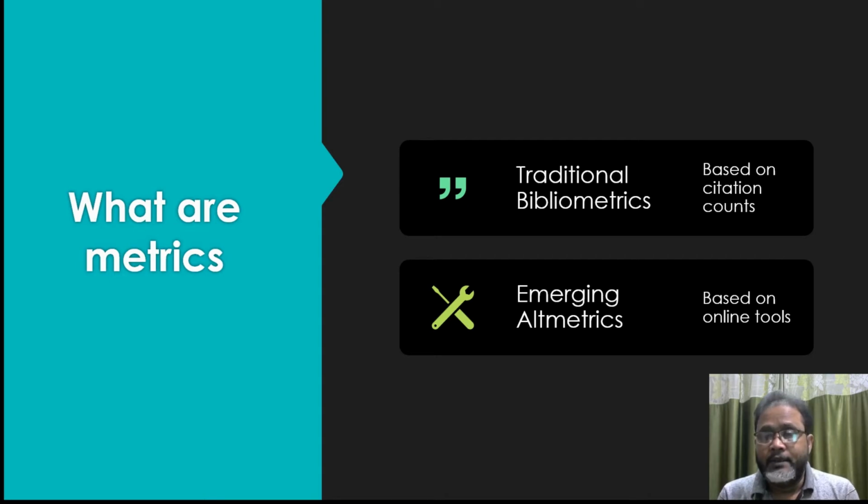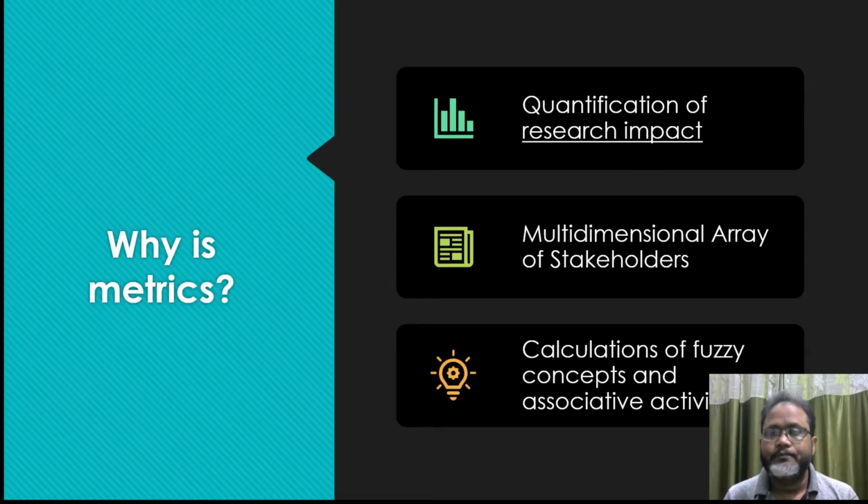And in emerging altmetrics, apart from your articles, other activities mean your comments, your likes, your deliberations, and sometimes your blogs. With that, what you are communicating to the authority, or to the knowledge domain, is known as altmetrics.